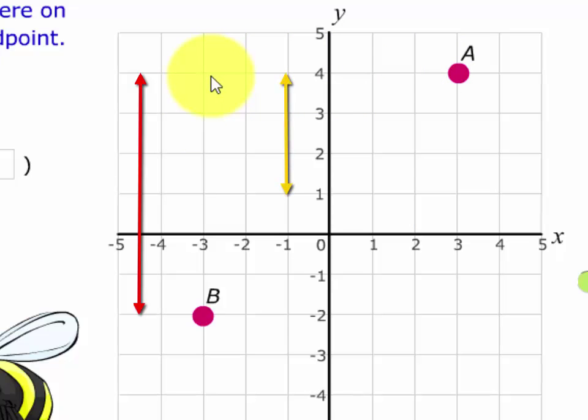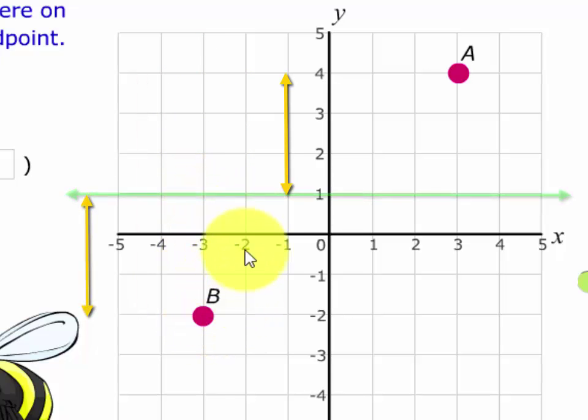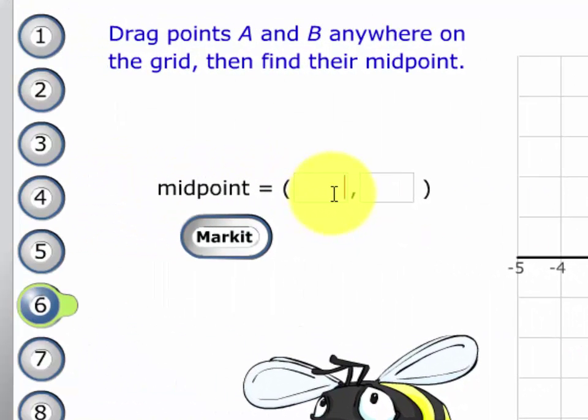So whatever the point is, it's going to be 3 below A, 1, 2, 3, and 3 above B, 1, 2, 3. So it's going to have to be on this line, but also at x equals 0. So it should be at this point. X is 0, Y is 1. Let's just try it. X is 0, Y is 1.